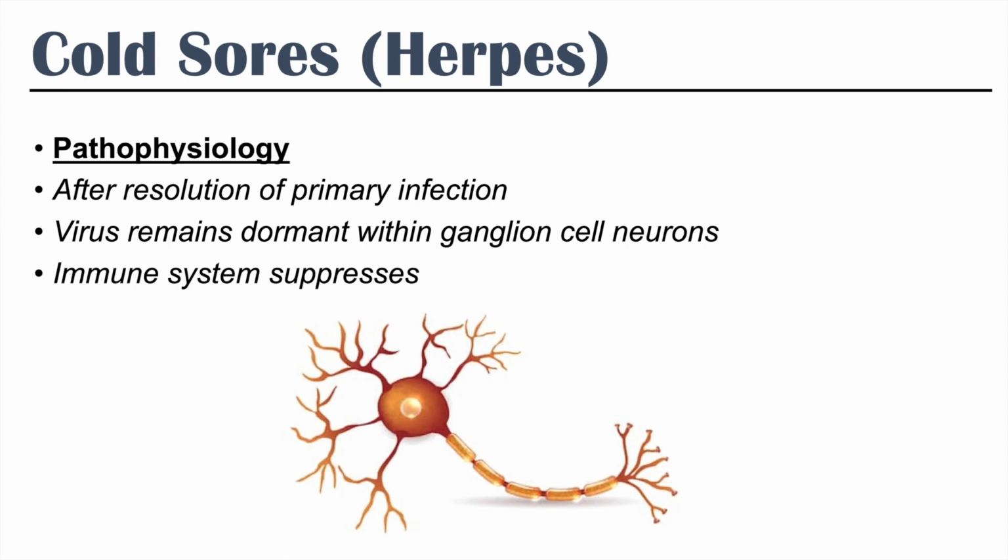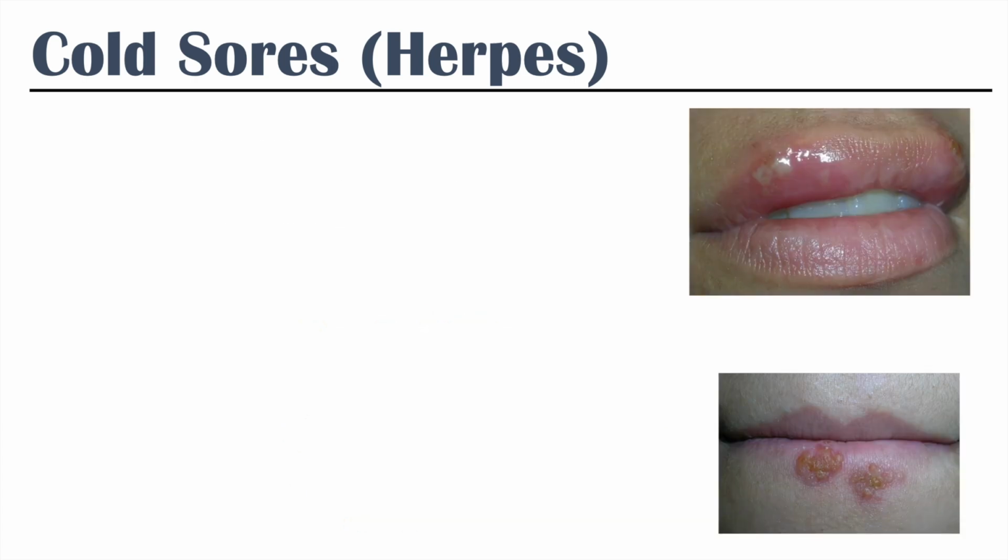So the HSV, or herpes simplex virus, hangs around in ganglion cell neurons, and really your immune system basically keeps them in check and suppresses them and keeps them within the neuron, and you're not going to have any symptoms until you have something that causes a recurrent infection.